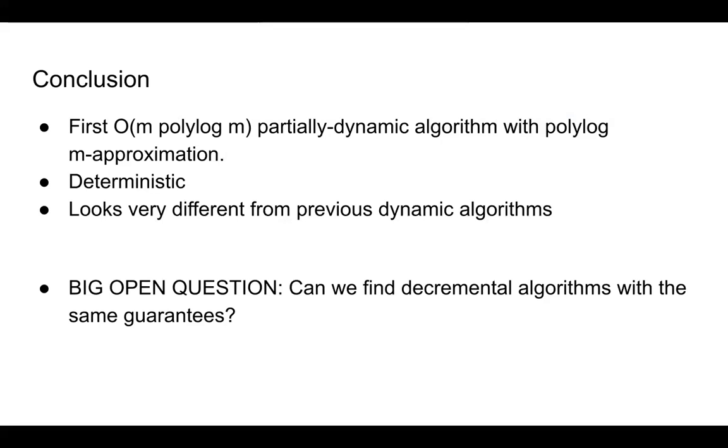And also quite interesting, even though the algorithm builds on the framework of Stein, Andoni, and Song, this is a framework that looks very different from previous dynamic algorithms in that space. So we also think it's quite interesting in terms of new techniques that are brought into the setting.